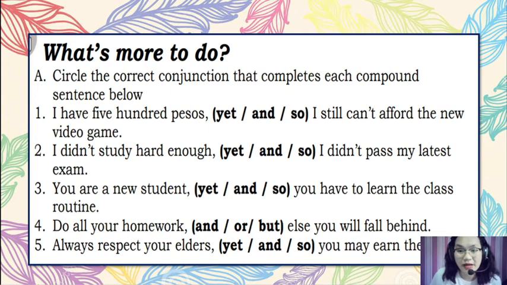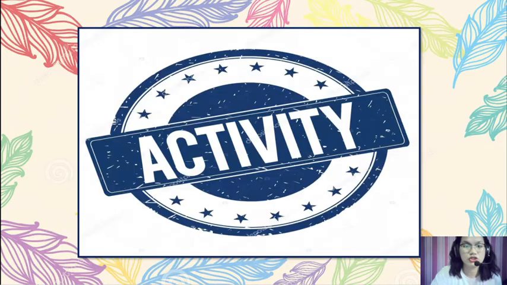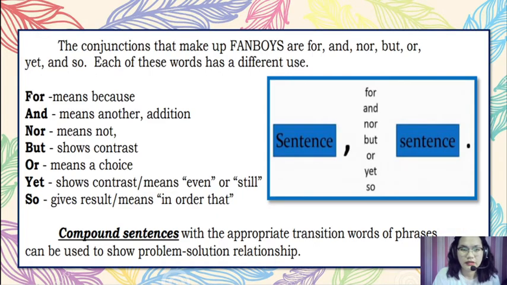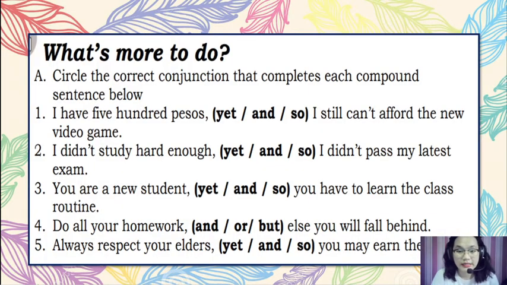I have 500 pesos, yet I still can't afford the new video game. Let's go back to the meaning of the conjunction yet. Yet means contrast, or it means even or still. So we have found it correctly. The answer here is yet.